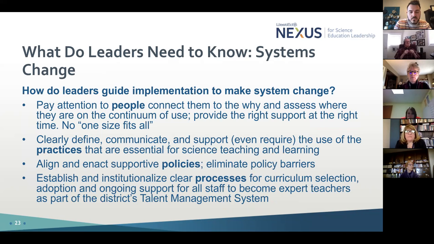And helping them to understand what they need along the way to move along a developmental continuum of transition from previous practice to new practice. So as leaders, what we need there is to pay attention to that.